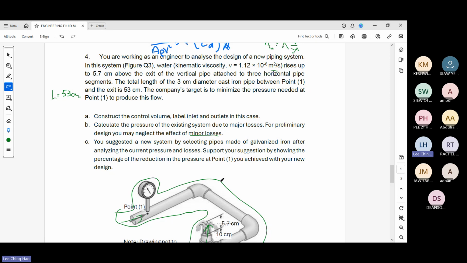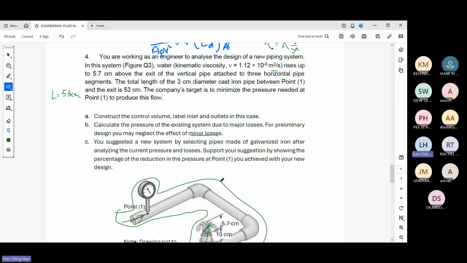When you are considering the major and minor loss, you will be involving the Bernoulli equation, because HL is used together with the Bernoulli equation. You cannot use it with the momentum equation or whatever.